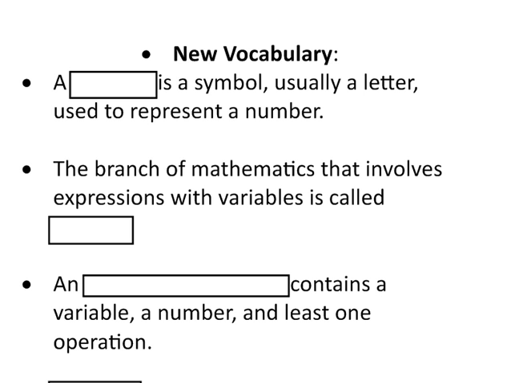We have some new vocabulary words to learn. A blank is a symbol, usually a letter, that is used to represent a number. And that's a variable. A variable is a symbol, usually a letter, used to represent a number. The branch of mathematics that involves expressions with variables is called algebra.